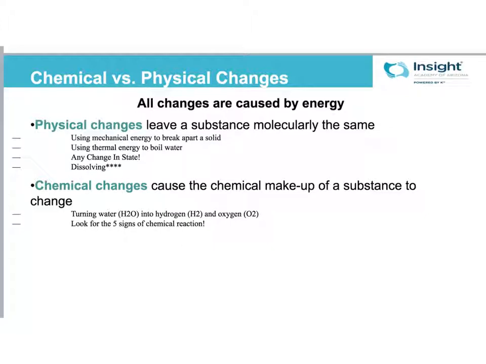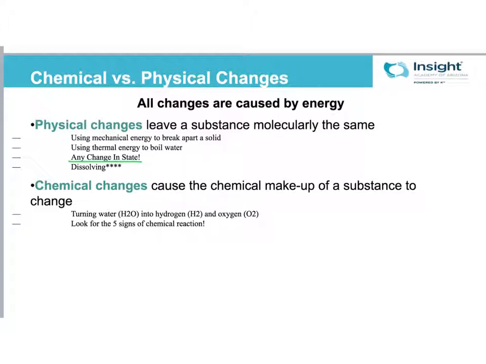It's still paper, and the chemical that made the paper is still present. There's also any change in state, so boiling water, freezing water, melting water. Those are all physical changes because the water is still water. It's still H2O. It's just solid, liquid, or gas.